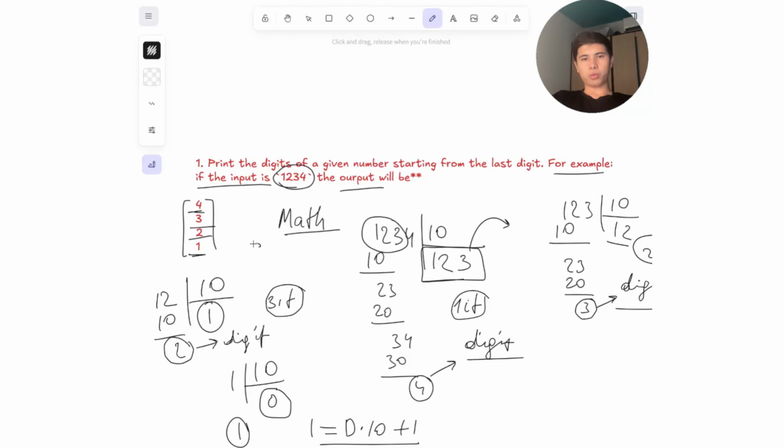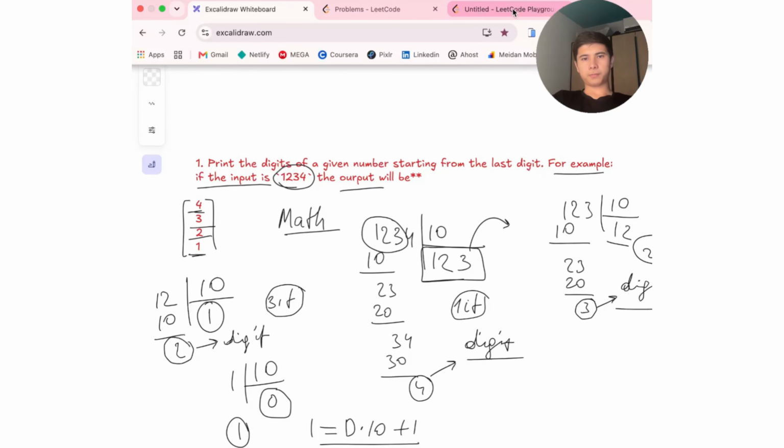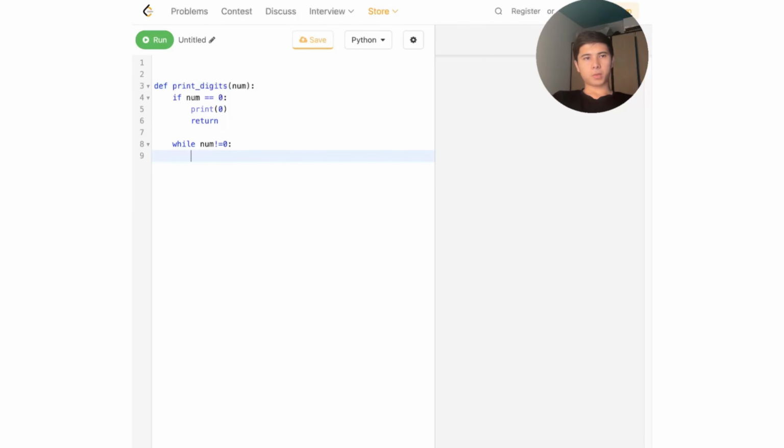That's why we are using modulo. So our variable digit equals number modulo 10. This operator returns, as we said, the last digit of the number.